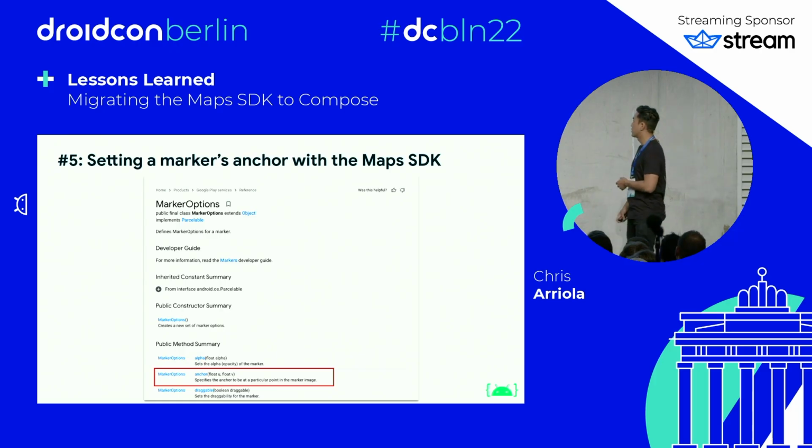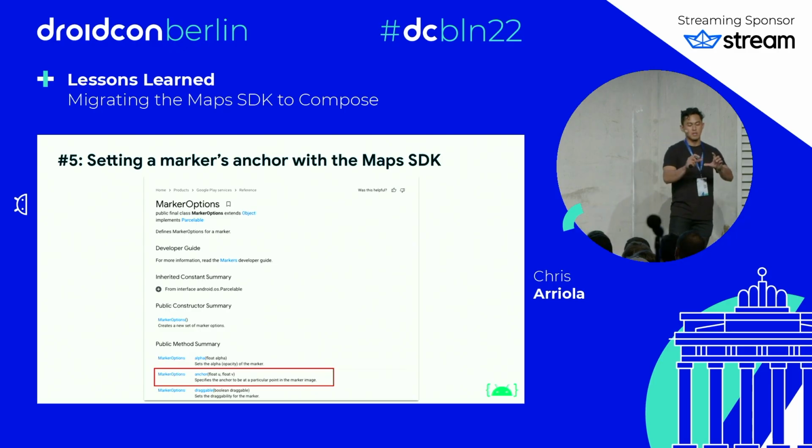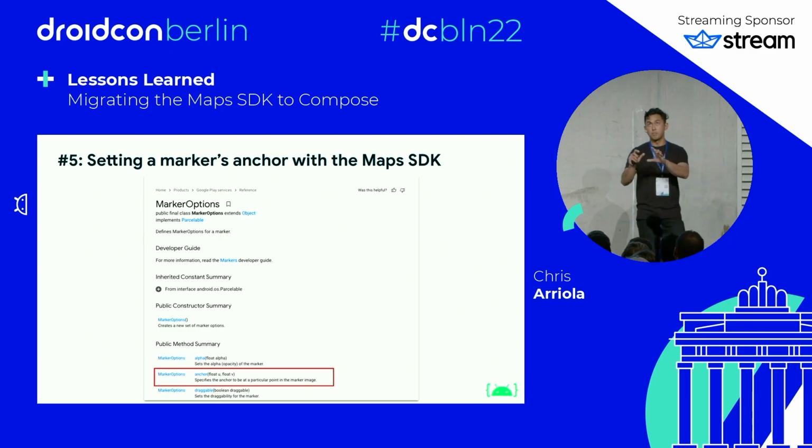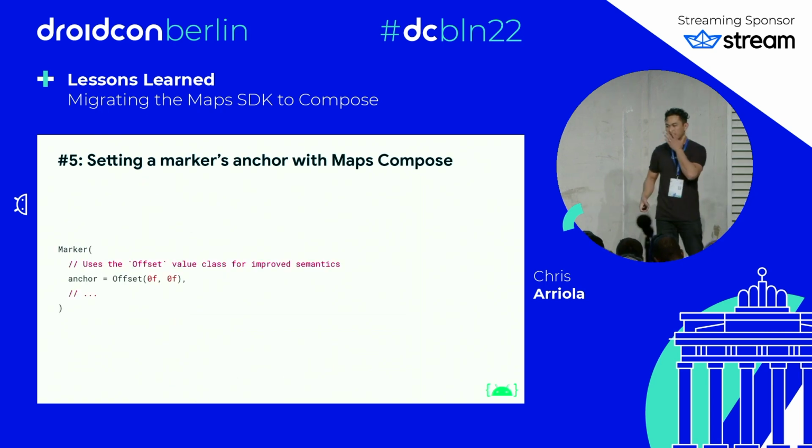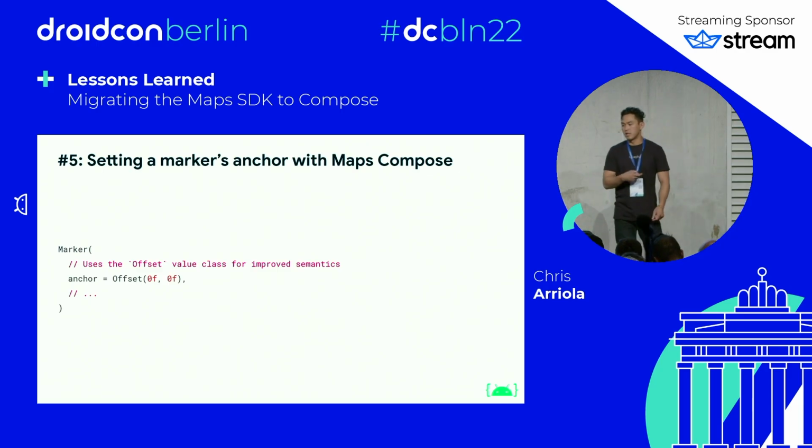It's a bit hard to see, but it accepts two float values, and that determines the marker image's relative position to the position of the marker. And Compose introduces this offset value class, which I think provides improved semantics. So it's clear that this anchor is an offset in Cartesian space and not just some raw float values that we're passing.